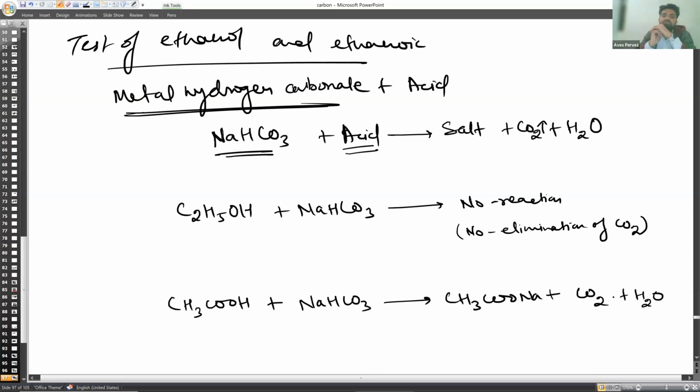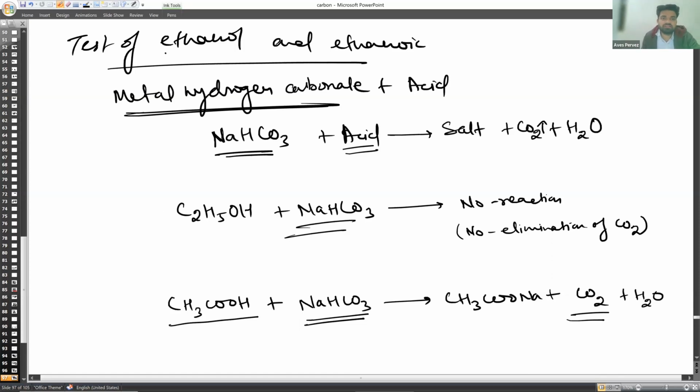So when you add baking soda to ethanoic acid, it gives you carbon dioxide. But if you add baking soda to ethanol, no carbon dioxide will be produced. So this is a test. Sometimes this test is asked in the examination, so you need to remember it.